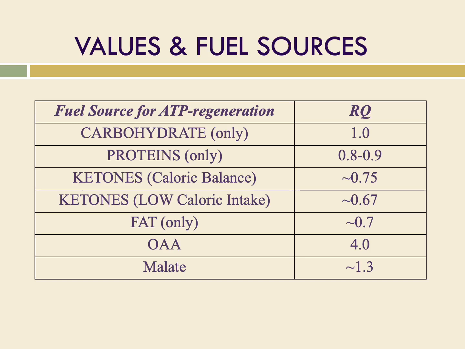Now notice that we start getting changes in that RQ value based off of the different types of fuel sources that we might use. Notice that for most fuel sources, we are below 1. However, when we get to what's referred to as the Krebs cycle intermediates, oxaloacetate, OAA, or malate, we get above 1. And that simply is the indication that we're producing more carbon dioxide than is being inhaled in the form of oxygen.